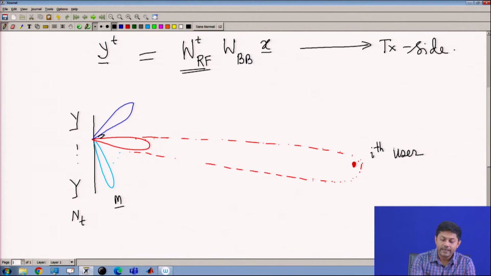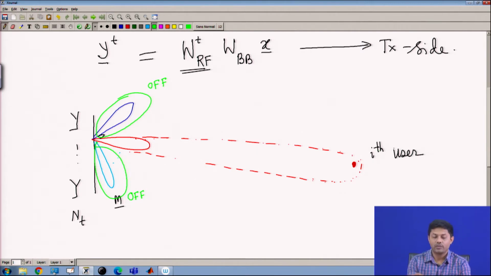What does it mean? It means that these other beams are off, in the sense that with respect to the ith user they are off, because they do not reach.